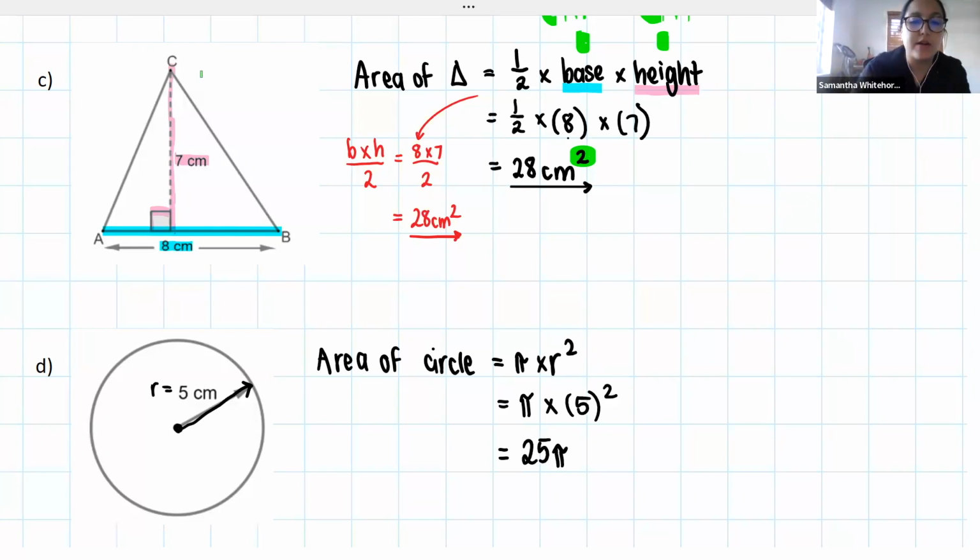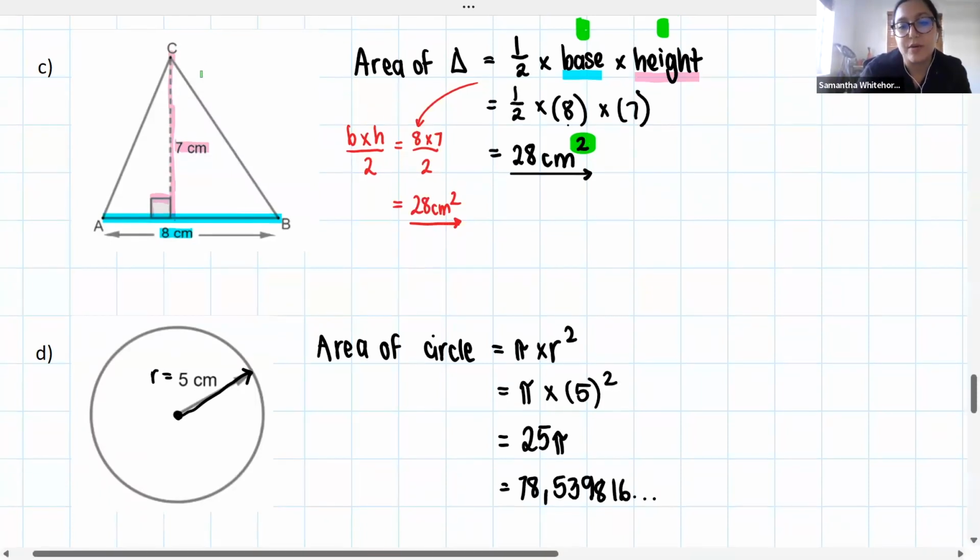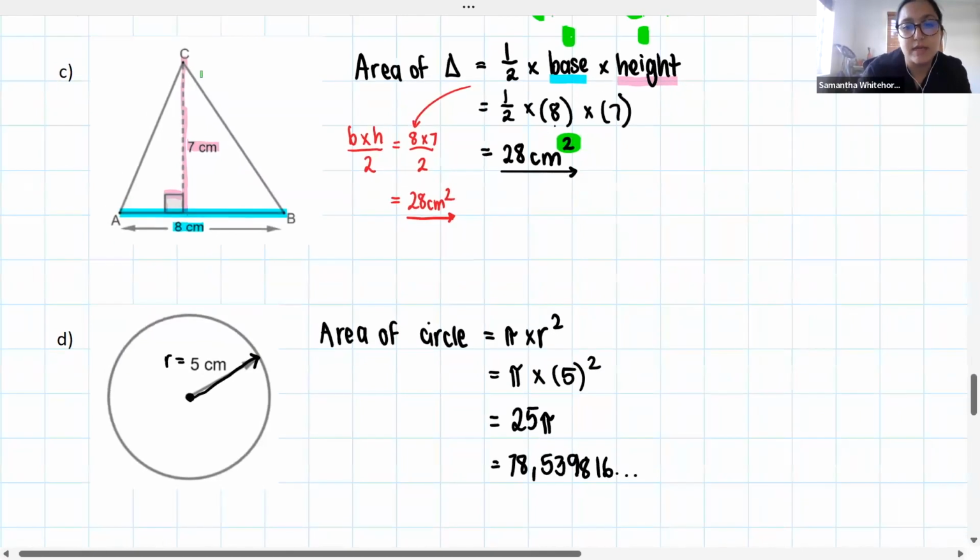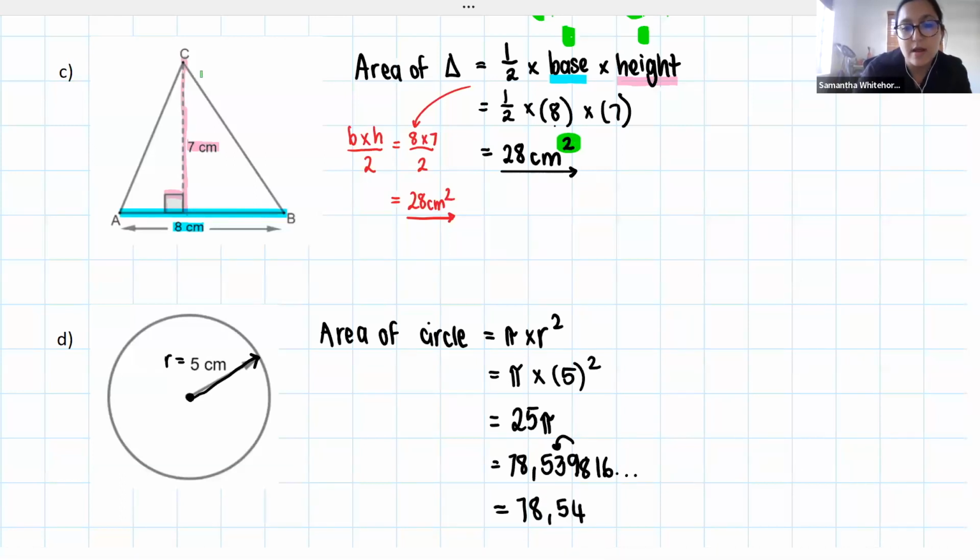So this area is equal to 78, and now remember, we generally round off to 2 decimal places. If we round this off to 2 decimal places, this 9 makes the 3 increase. So we've got 78,54, and remember, units squared.